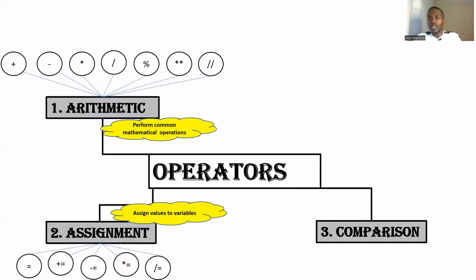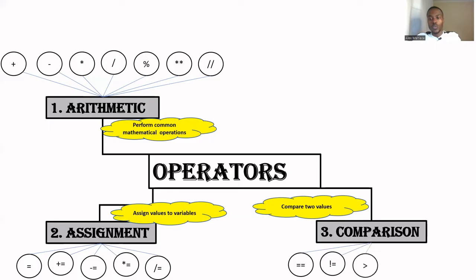Then we look at comparison operators. They compare two values. For example, we have equals to, not equals to, greater than, less than, greater or equals to, less or equals to.